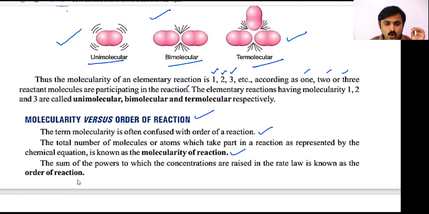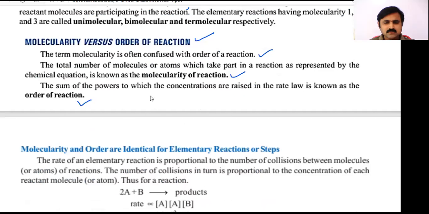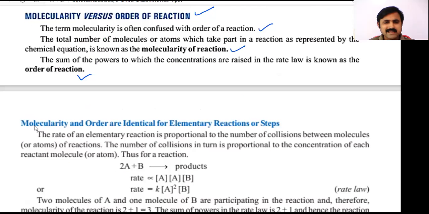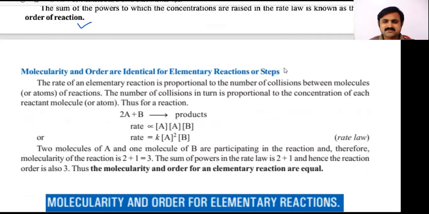While order of reaction is the sum of the powers to which the concentration terms are raised in the rate law. Now, molecularity and order are identical for some elementary reaction steps.